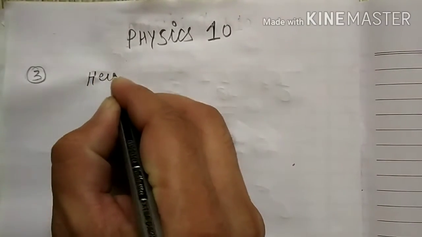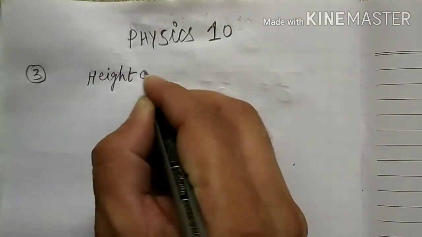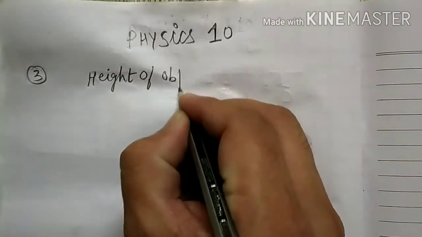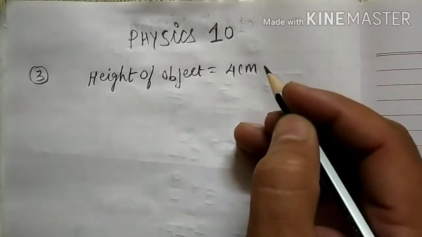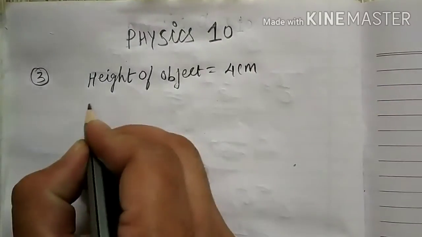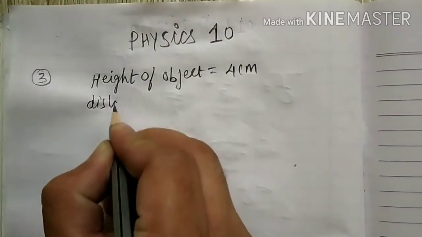of 10 centimeter from a convex lens of focal length 20 centimeter. Find the position, nature and size of the image. In the question it is very clearly mentioned the height of the object. Height of object is equal to 4 centimeter and distance of object is also given.